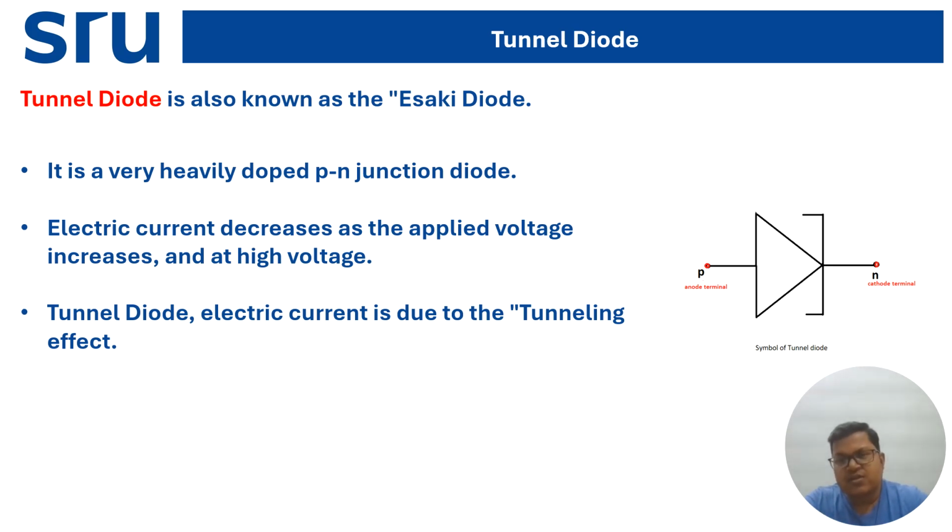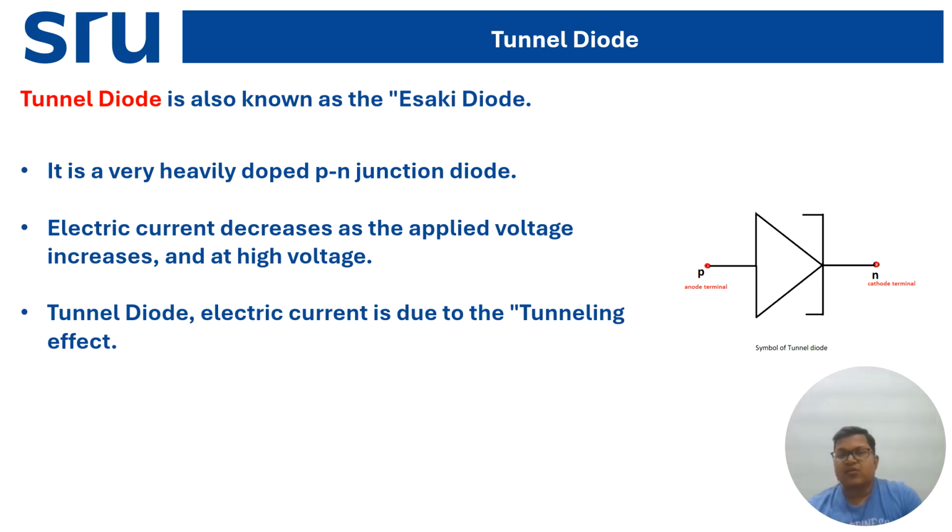The name comes from its working principle, the way of operation, but initially it was named after its inventor, Esaki. Professor Esaki first invented this kind of diode where the mechanism of quantum mechanical tunneling is applied, and it was first named the Esaki diode, but it is more popularly known as the tunnel diode, because the tunneling mechanism is the main working principle of this kind of diode.